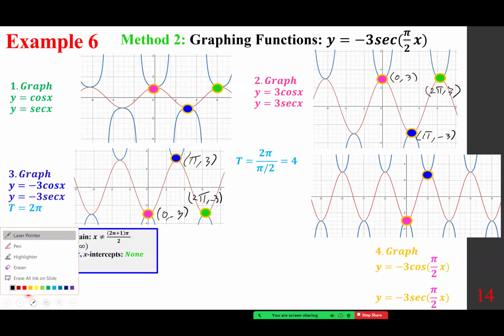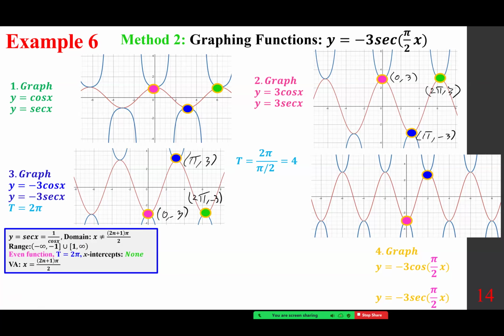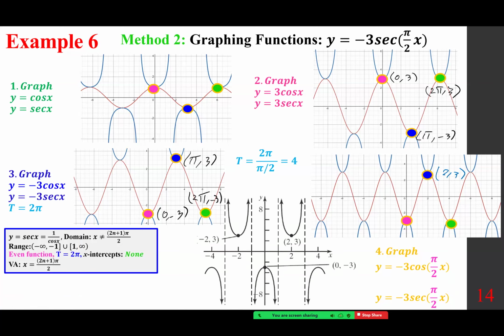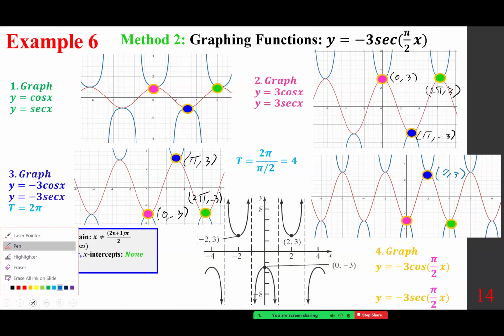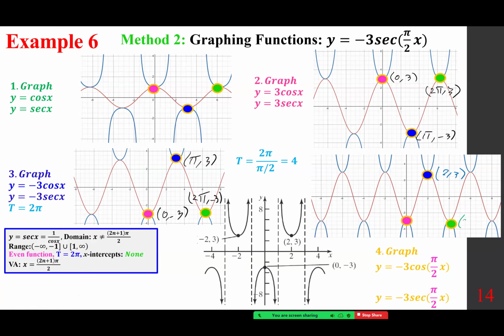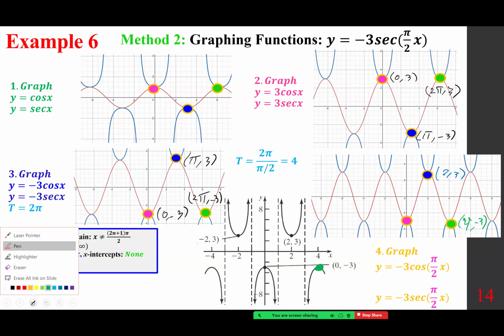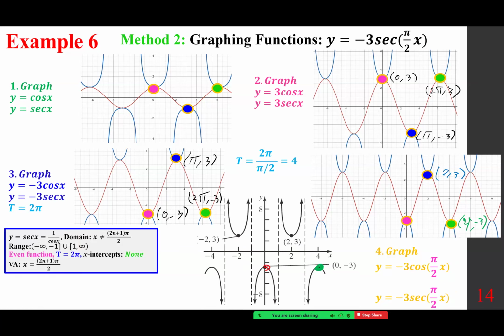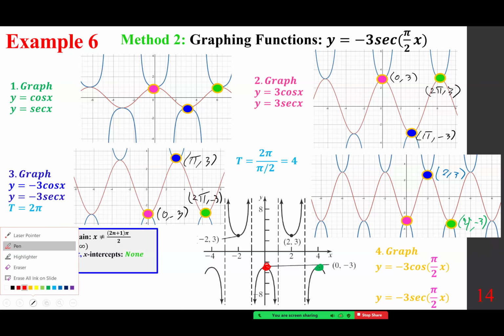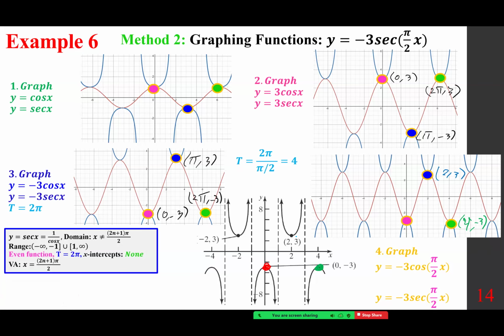Okay, so pi, 3, and 2 pi, negative 3, becomes 4, negative 3. So I hope it's clear to everybody.